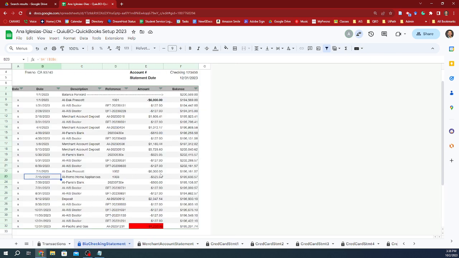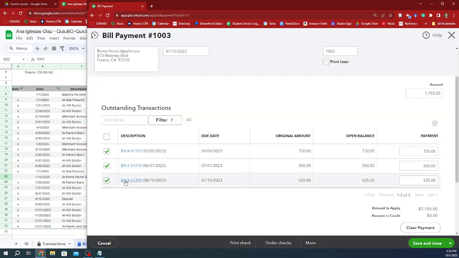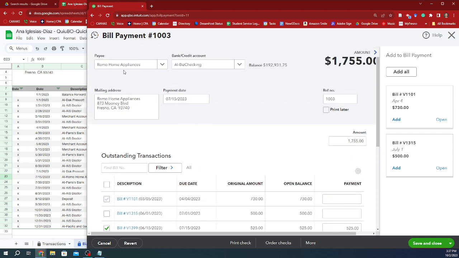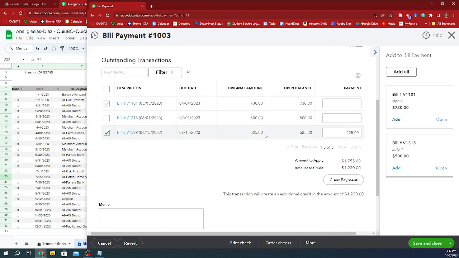On July 15, there should be a payment with a check of $1,003. There's a payment from AI Home Appliances for $525. So it looks to me like this is the bill that you paid. You paid this to Romo Home Appliances, $525 on this date.